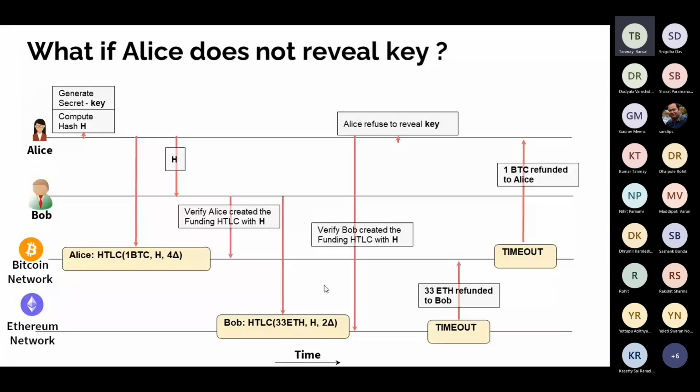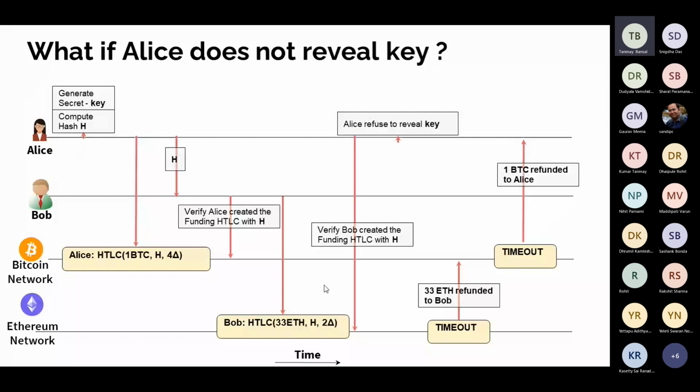Bob cannot back out from it, but Alice knows this key. So Alice could first wait for her transaction to time out, get back her 1 Bitcoin, and then simply use the key to get Bob's money.